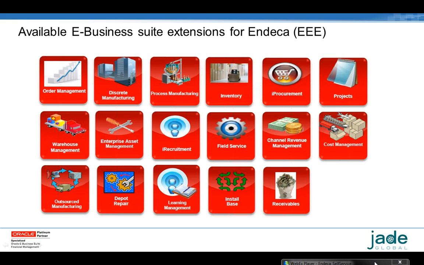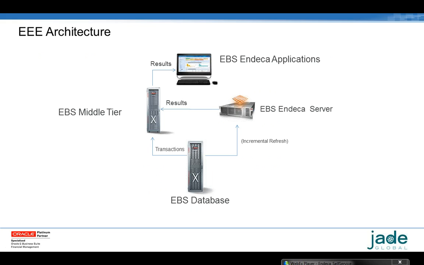It's seamlessly integrated. So briefly about the architecture, we have the EBS database, the EBS middle tier with the application server running on it, and then end users. When you introduce Endeca, you can keep Endeca on a different server, or you can put it on the same middle tier where the application server is running.